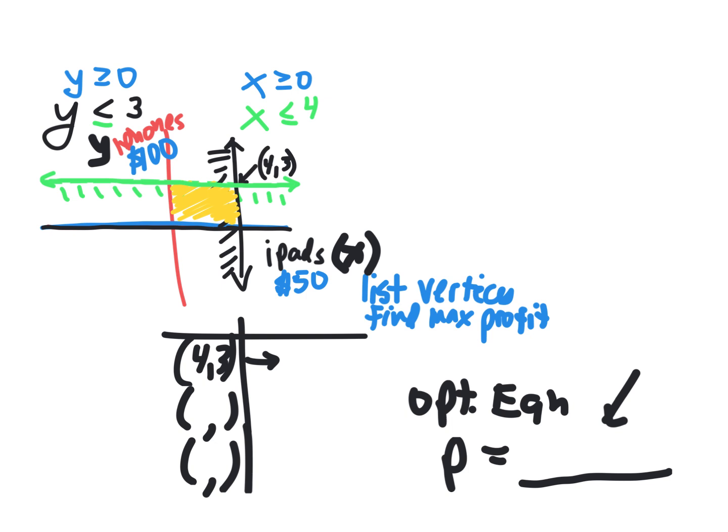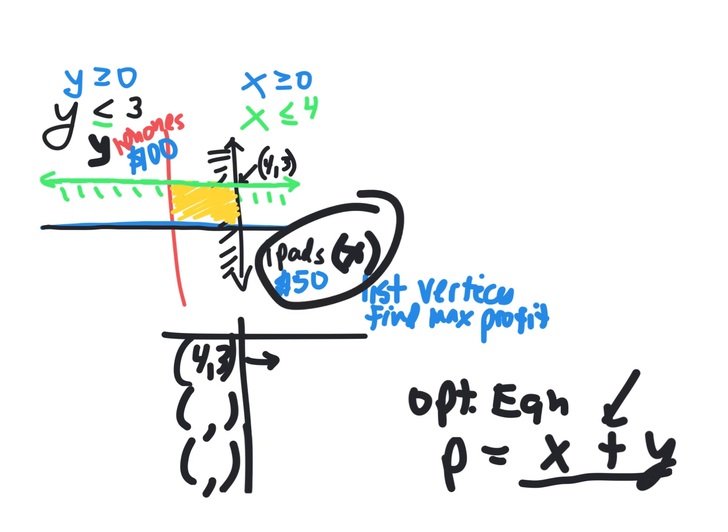Okay, your optimization equation has an x and a y in it, and almost all your equations are just like x plus y. They just might have a number on the front of them. So, in this case, is there a number on the front of it? Yeah. For each x, it's 50. And 100 for each y.